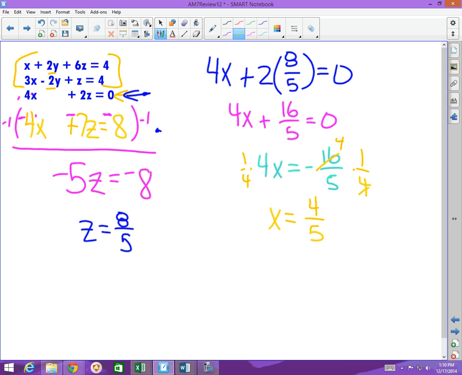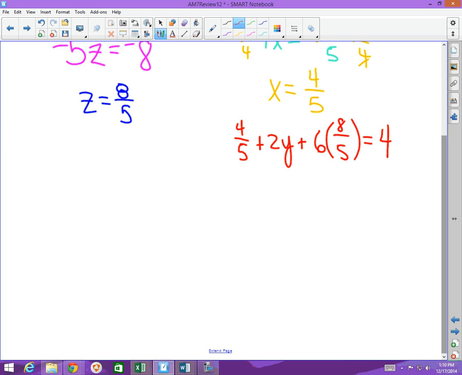And so then we now need to figure out y. So x is 4/5 plus 2y plus 6 times 8/5 equals 4. Solving this then, let's see, 6 times 8/5, that's like over 1, so 48/5 plus 2y plus 4/5 equals 4.